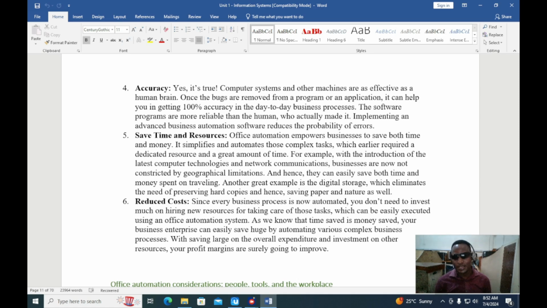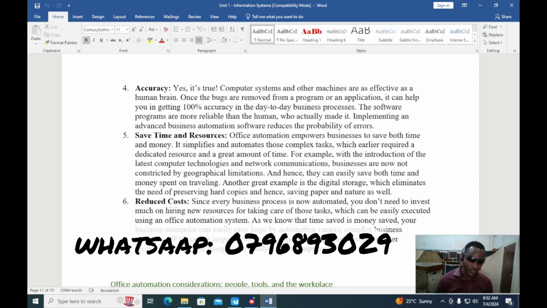So you can easily save both time and money that you spend in traveling, and you can instead work from home. We have another example, that is what we call digital storage, that is going to eliminate the need of preserving hard copies. That is going to save money for paper, and it's also going to save nature as well, because the less paper we produce, the fewer trees are brought down.